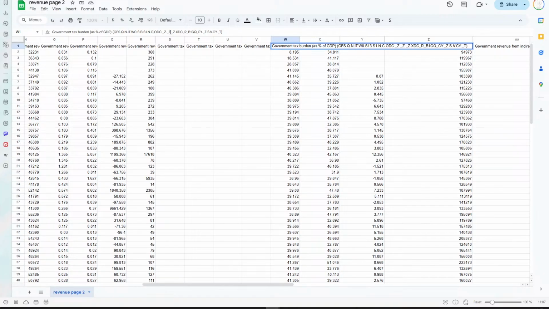Z multiple placeholders, often for detailed subcategories, XDC, blah blah blah, XDC RBI1 indicates ratio to gross domestic product at market price current year. Stocks value current year, T total taxes.